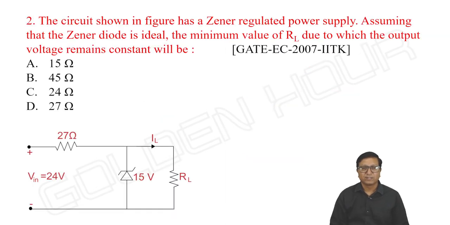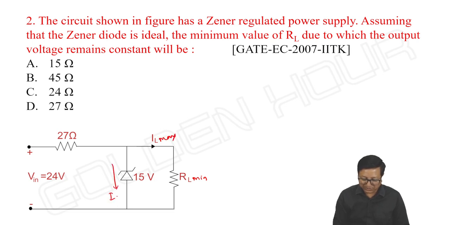Next, the circuit shown in the figure has a Zener regulated power supply. Assuming that the Zener diode is ideal, what is the minimum value of RL, due to which the output voltage remains constant? Again they are asking RL minimum, means IL maximum.